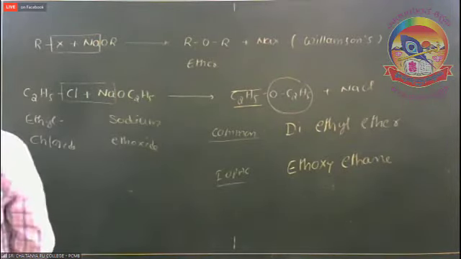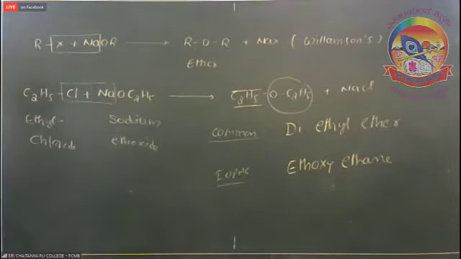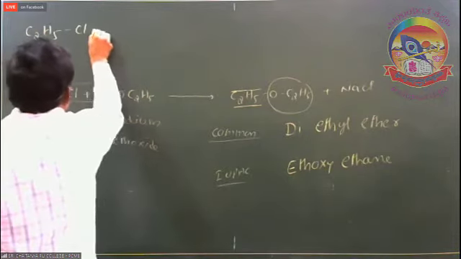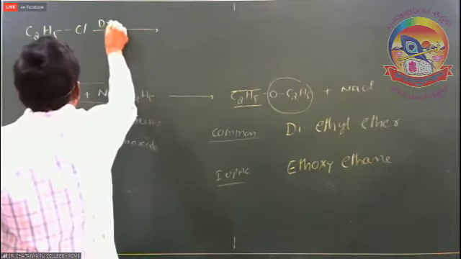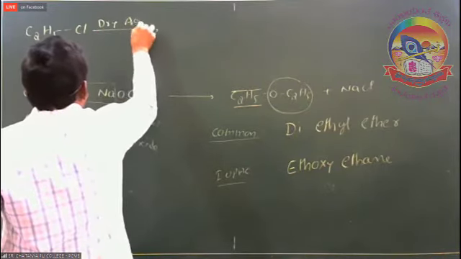The next one. In the preparation of diethyl ether, instead of sodium alkoxide, we use another reagent. Ethyl chloride, C2H5Cl, is treated with dry silver oxide.